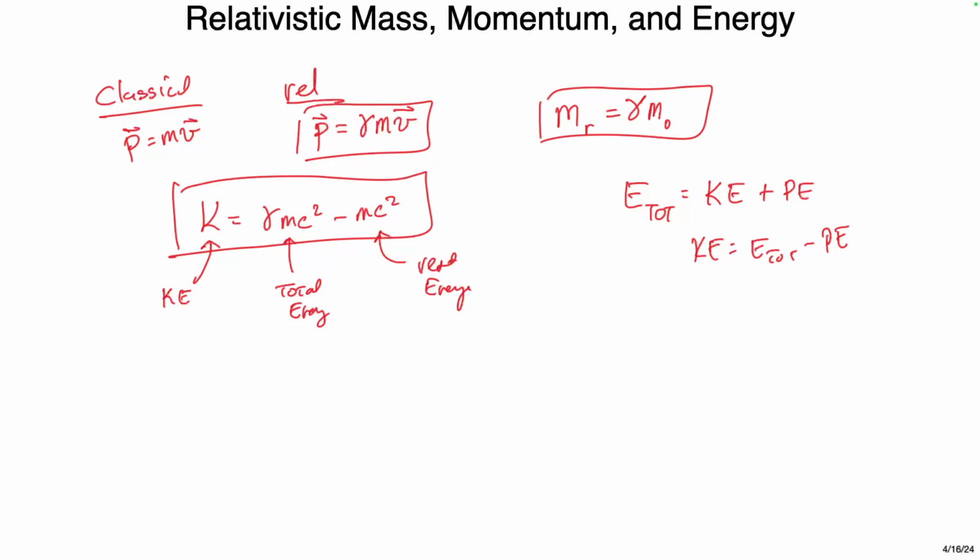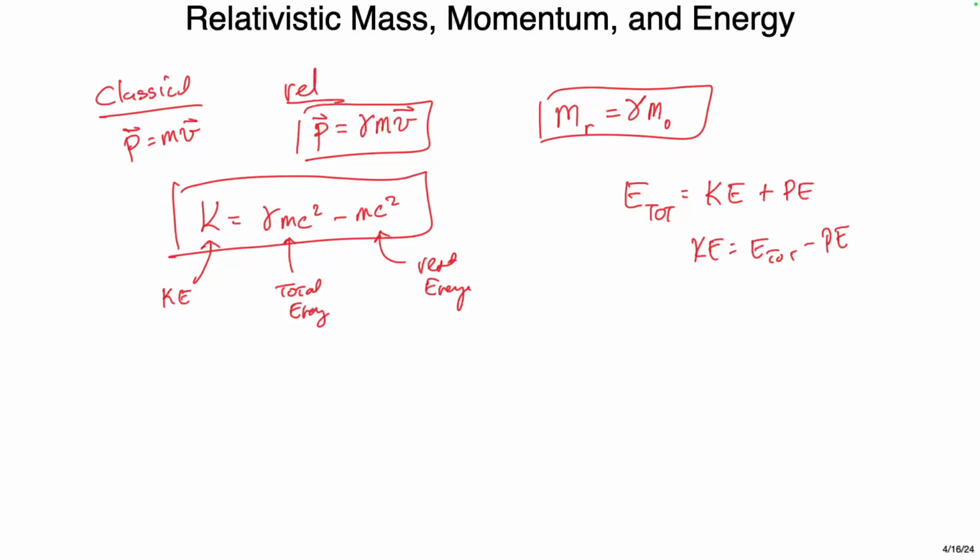Yeah. And if you do more math, you eventually get down to E squared equals (mc squared) quantity squared plus (pc) quantity squared.